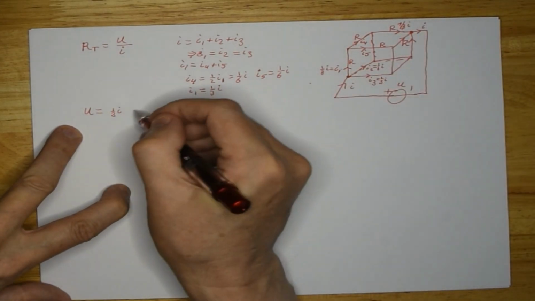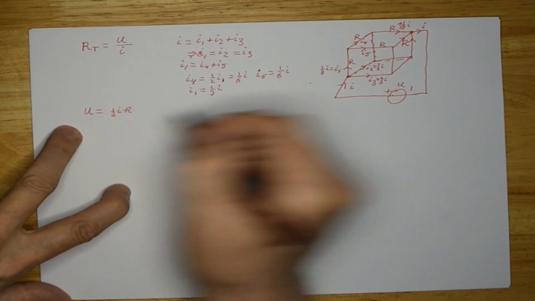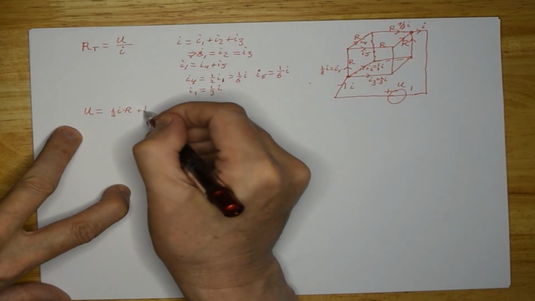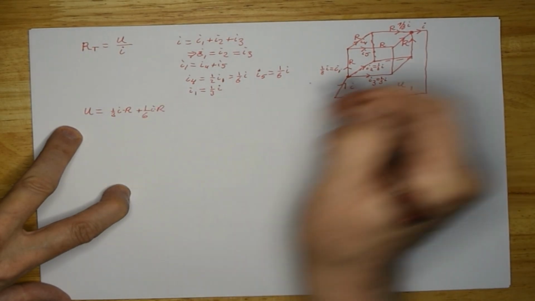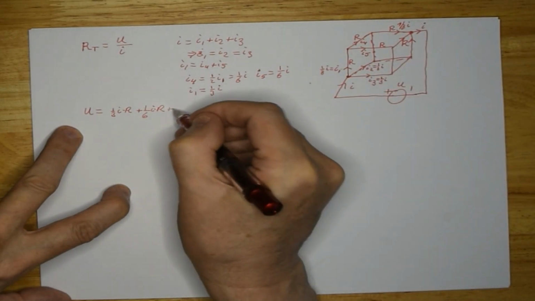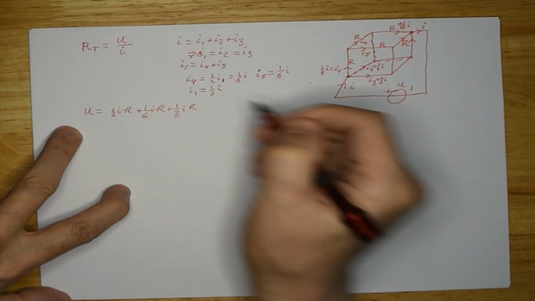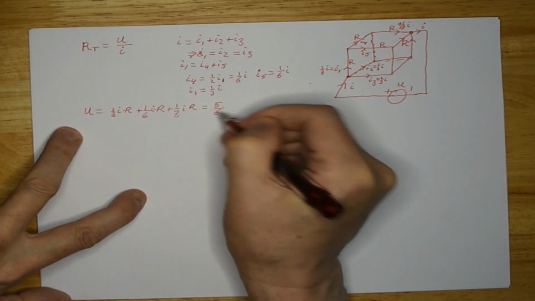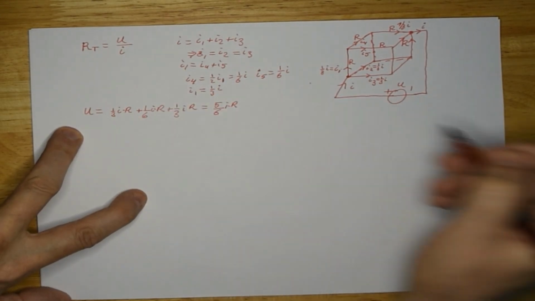So you have here a third IR from this one. Here we already said it was a sixth, so you do a sixth IR here. And then again you have a third IR here. So you add that all up and you get 5/6 IR.